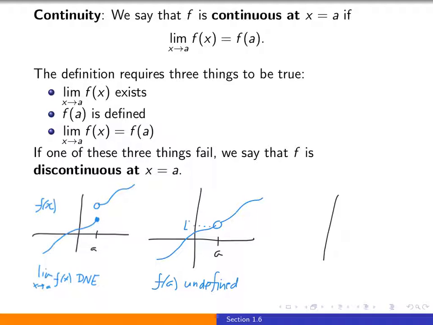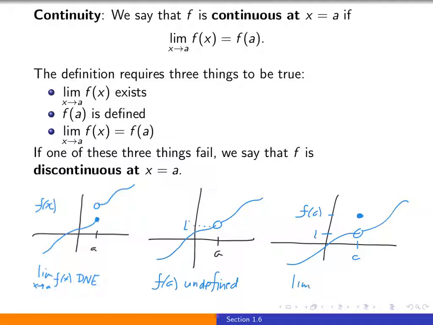Lastly, it could be the case that the limit exists, like it does in this previous example, but the function value actually could be defined, and it could be some other number. So we would have L being the limit value, f of a corresponding to the function value.